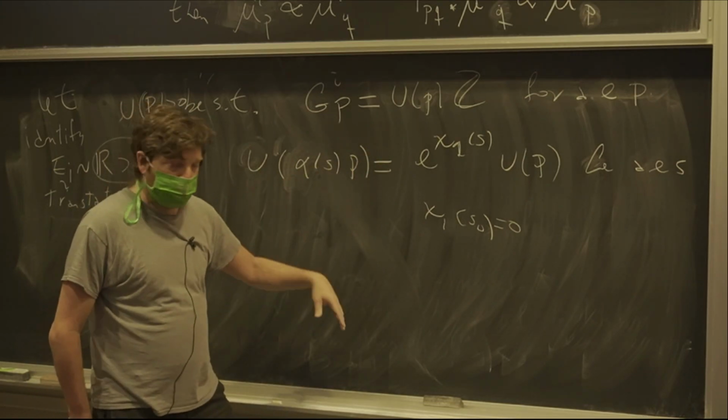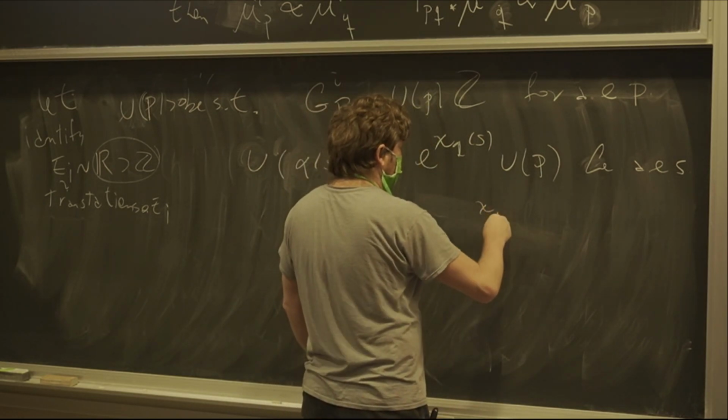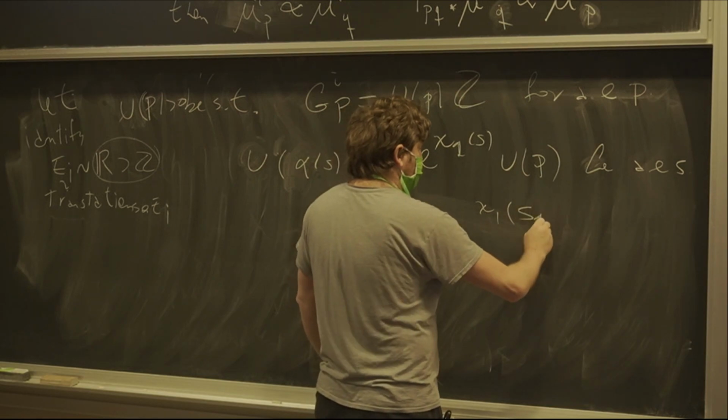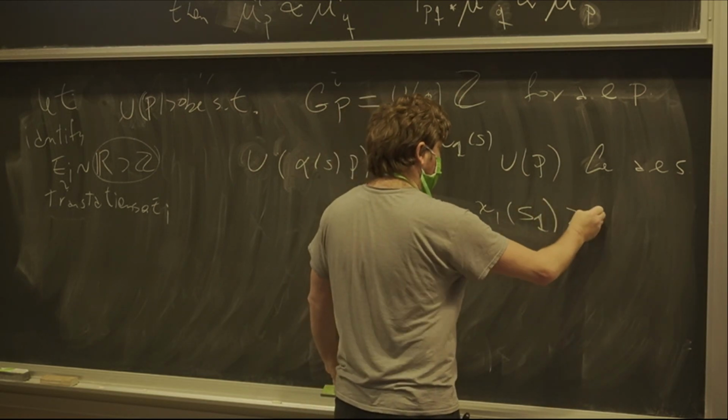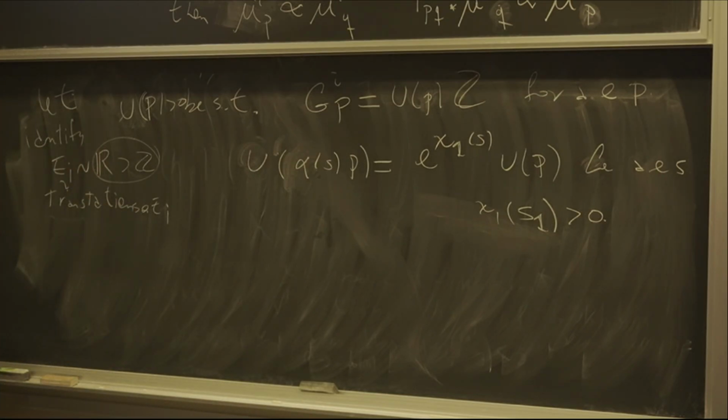So that's why I don't want to use that. On the contrary, I will take chi1 of S1 being, say, positive. I could take negative as well. It will be pretty much the same.